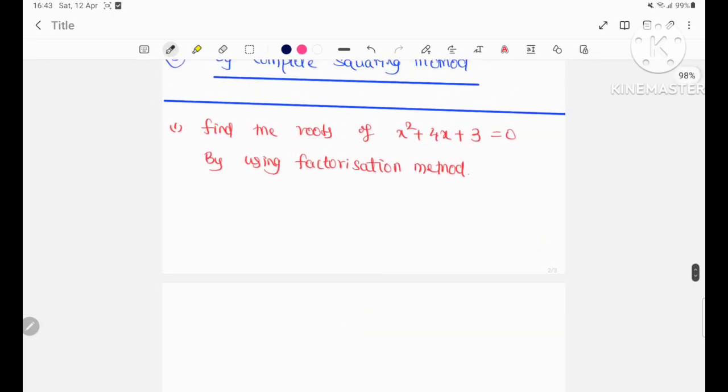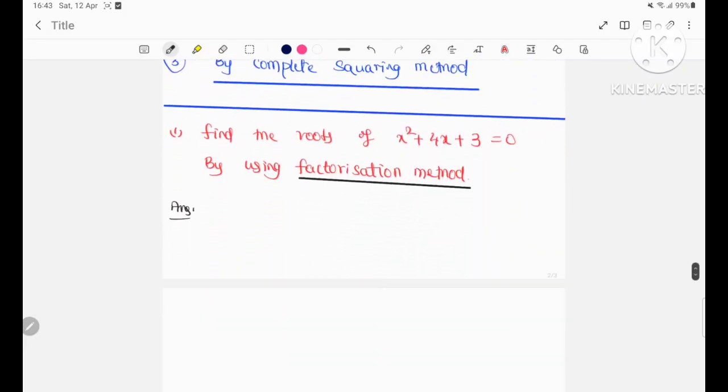So how to approach, how to find the x value by using the factorization method? First of all, you write the given quadratic equation. So the given equation is x square plus 4x plus 3 equal to 0.